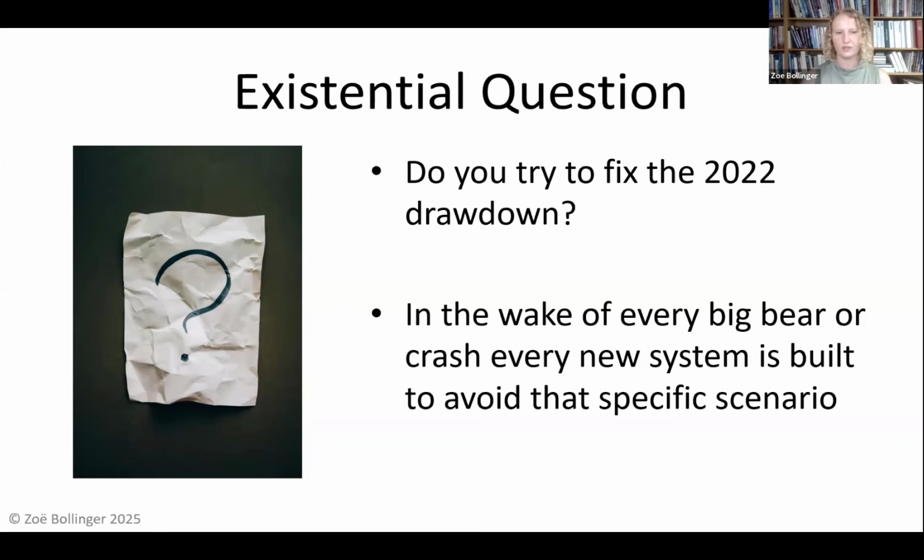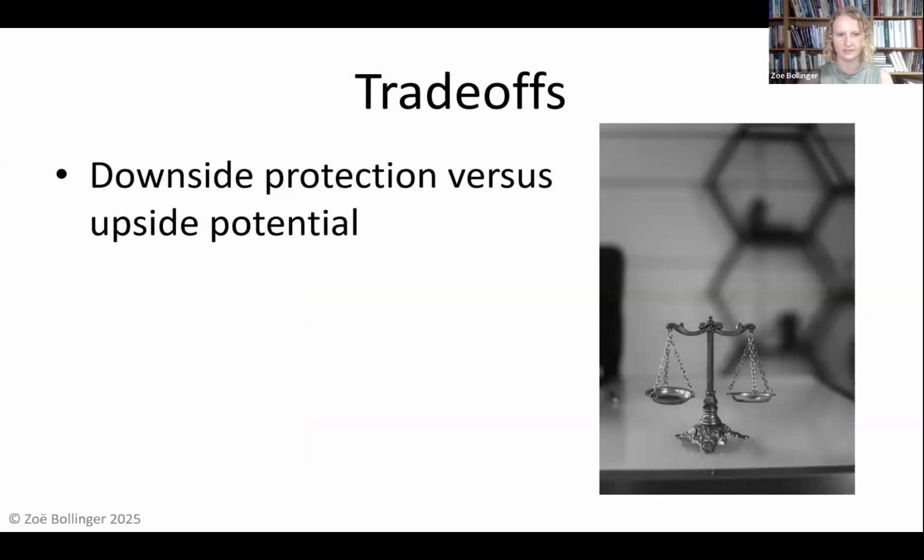So you do want to make adjustments as needed, but you want to be careful about overfitting to one specific bad event. And there's always this balance between downside protection and upside potential. With relative strength, if you leave it unadulterated, you get some really big downside, but you're rewarded with really big upside over time.